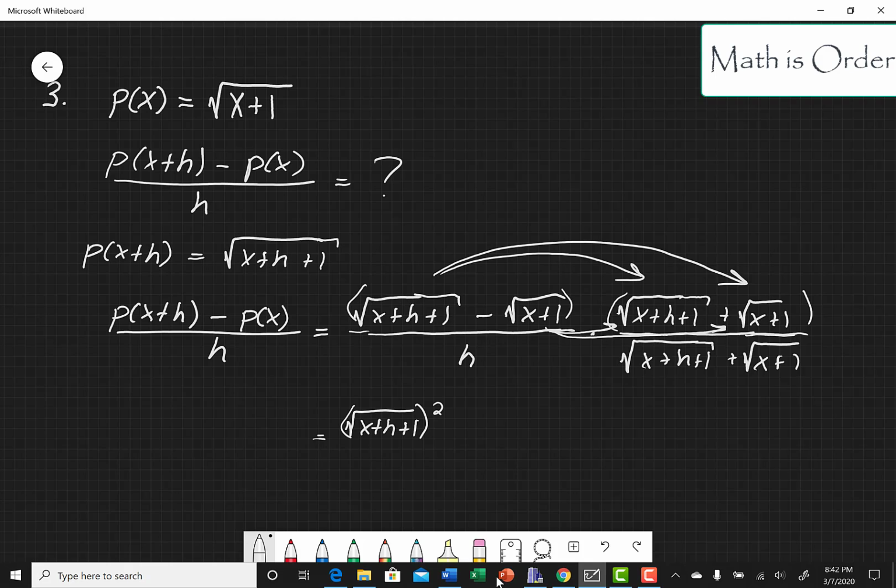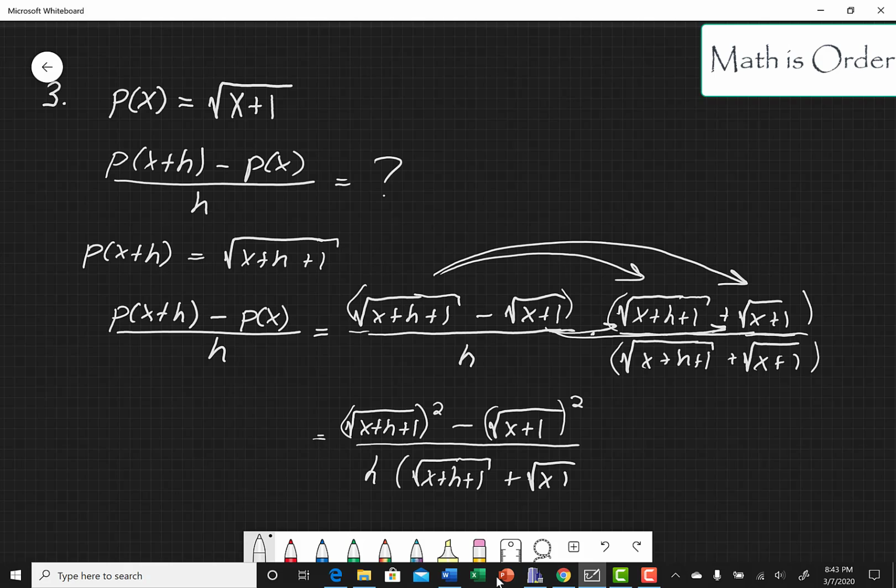Now, outer and inner is going to cancel out to 0. So we're only going to have the last, which is a negative square root of x plus 1, squared. And the bottom is going to become h times square root of x plus h plus 1 plus square root of x plus 1.